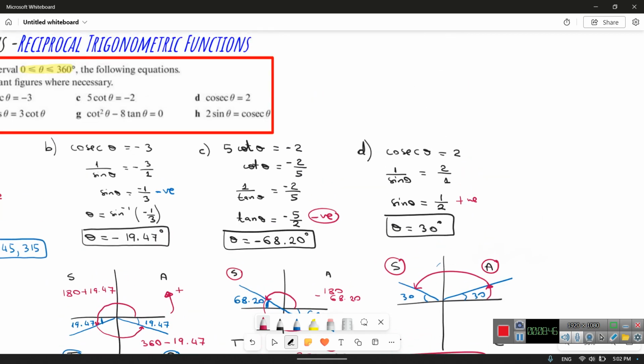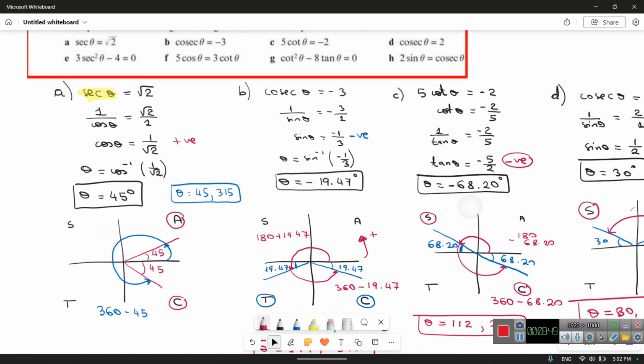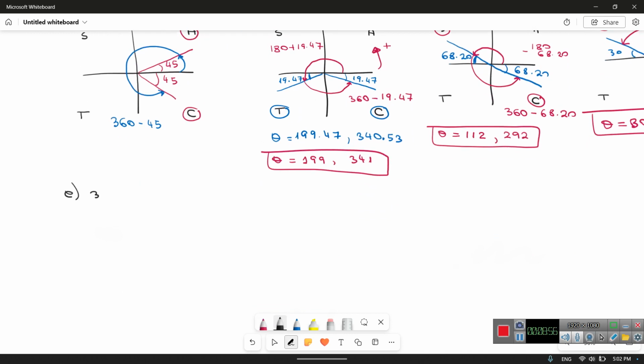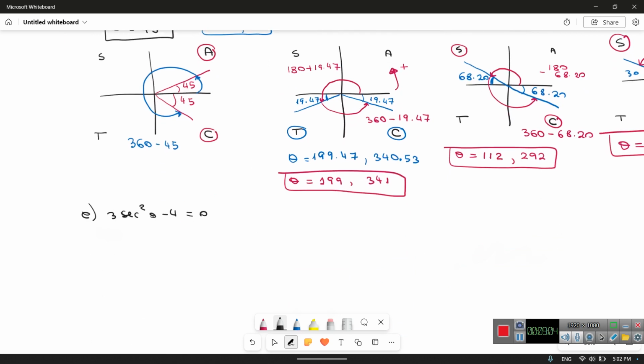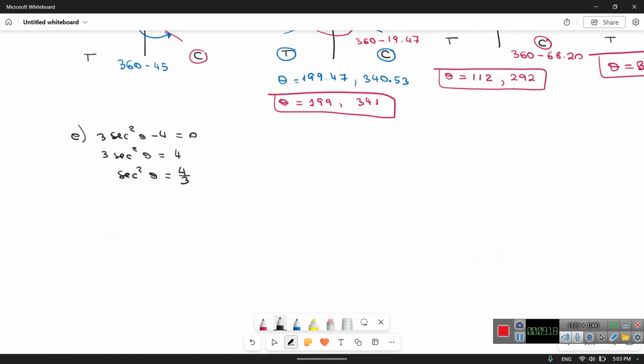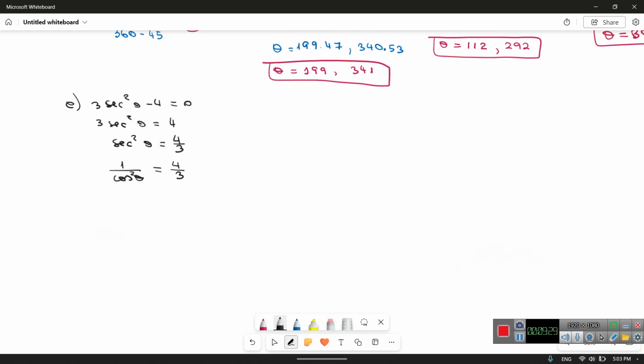Right, let's do E. We have 3 sec squared theta minus 4 for part E. 3 sec squared theta minus 4 equals 0. If I rearrange, we get 3 sec squared theta equals 4, so sec squared theta is 4 over 3. Now, rewriting sec as 1 over cos theta, we get cos squared theta is 3 over 4.